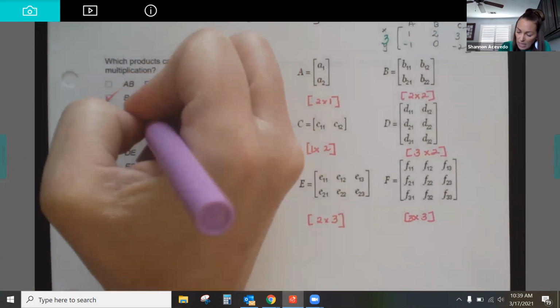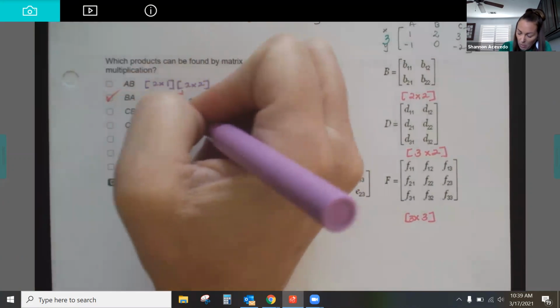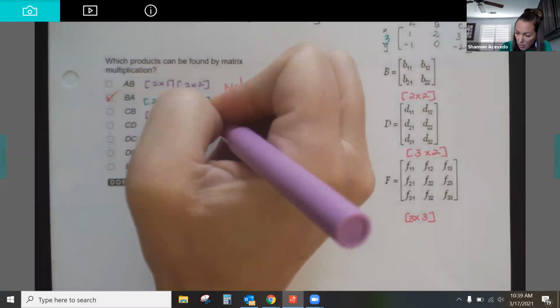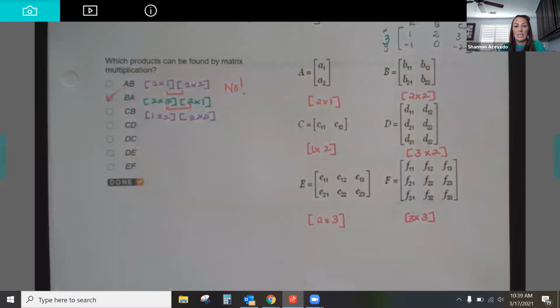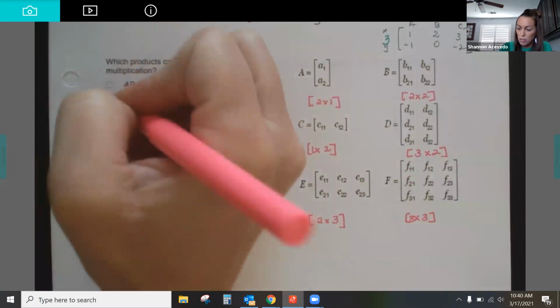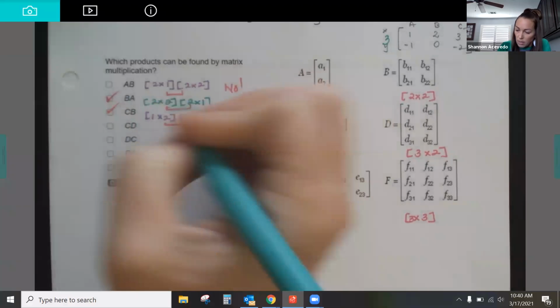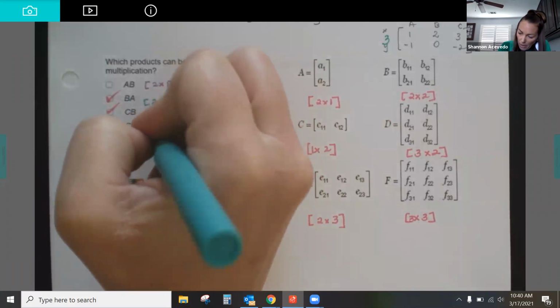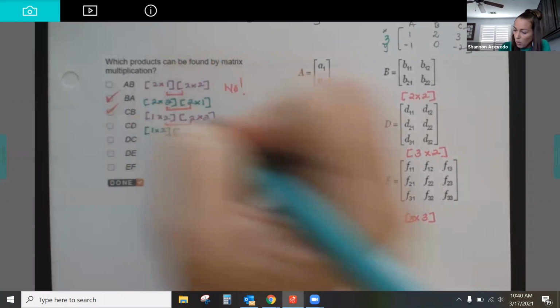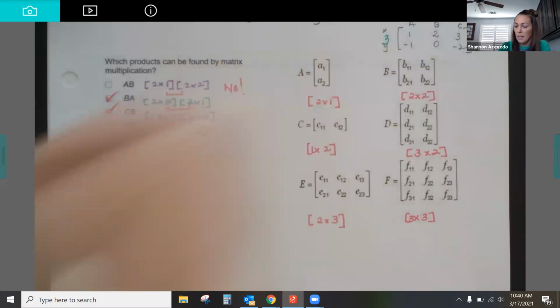So my next one, C was a 1 by 2, and B was my 2 by 2. So are the inner dimensions the same? Yes. These are the same, so check. So I can multiply them. My next one, C is my 1 by 2. D was my 3 by 2.